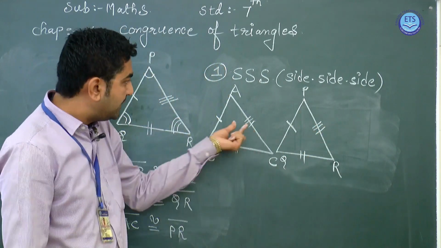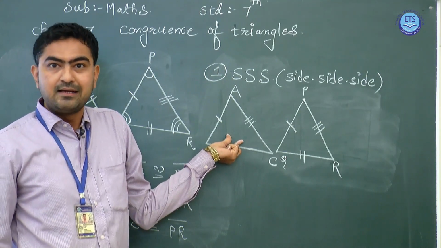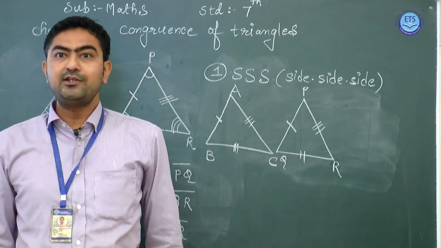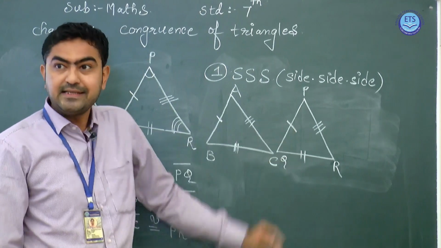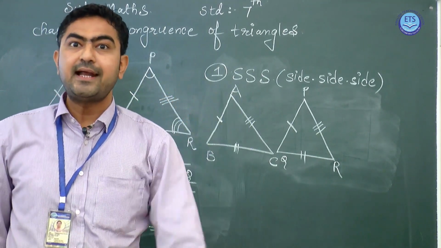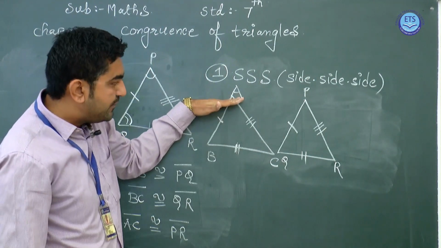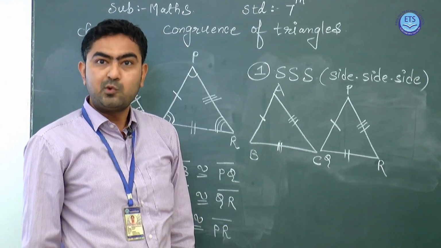If the 3 sides of the first triangle are congruent to the 3 sides of the other triangle PQR, and this condition is satisfied, then by the SSS criterion you can easily say that triangle ABC and triangle PQR are congruent.